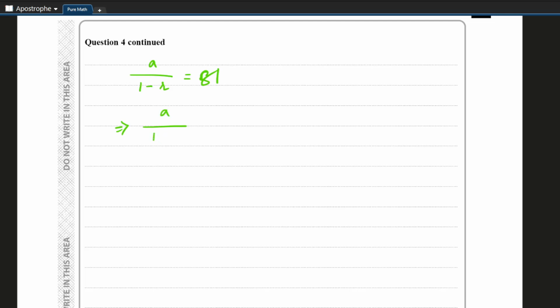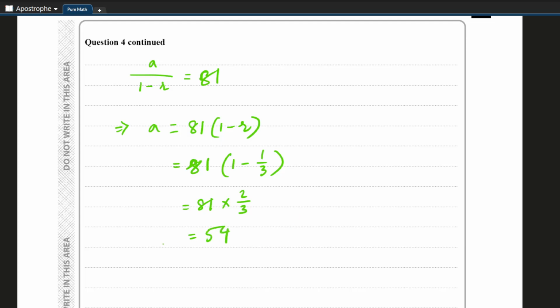So we could do a is equal to 81 times 1 minus r, 81 into 1 minus 1 over 3, 81 times 2 over 3. 81 times 2 divided by 3 is 54. So a is 54.